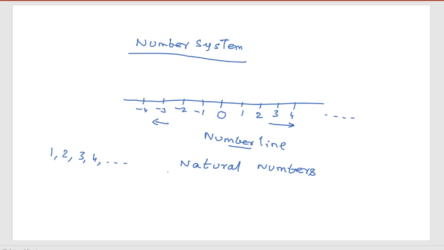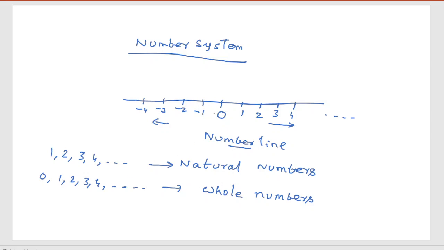If you include 0 in these natural numbers, that means 0, 1, 2, 3, 4, and so on to infinity, we call whole numbers. The difference between the natural numbers and the whole numbers is that in whole numbers we have included 0 with the natural numbers.